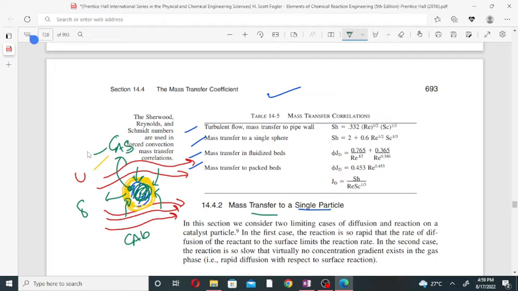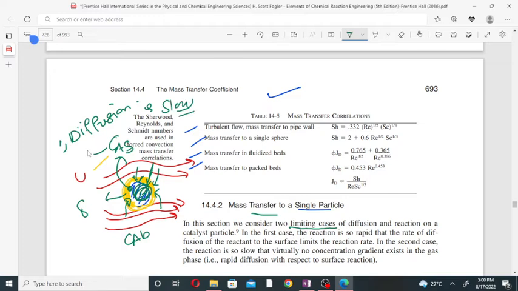There are two limiting cases. In the first case, the diffusion from the fluid towards the surface of the catalyst is slow.